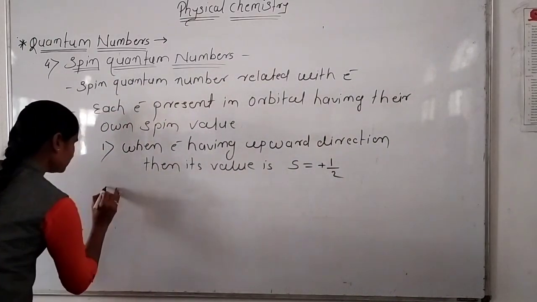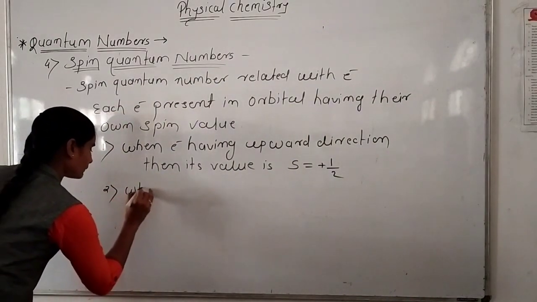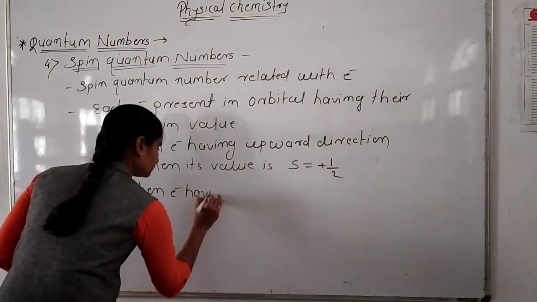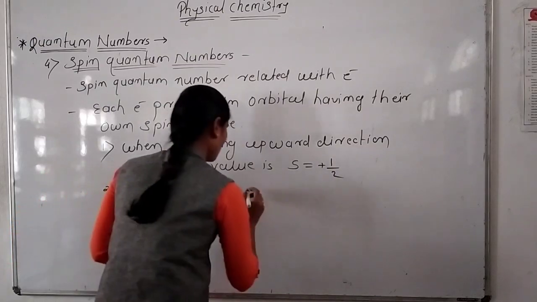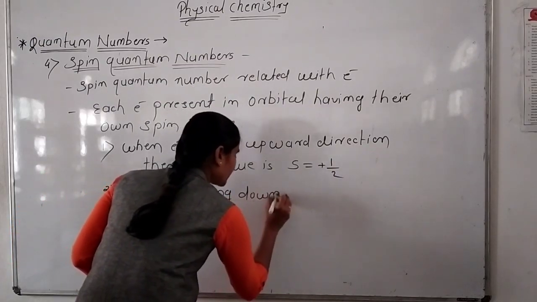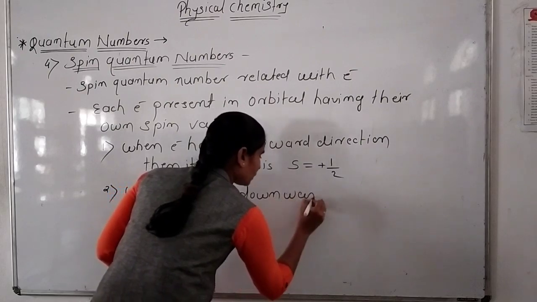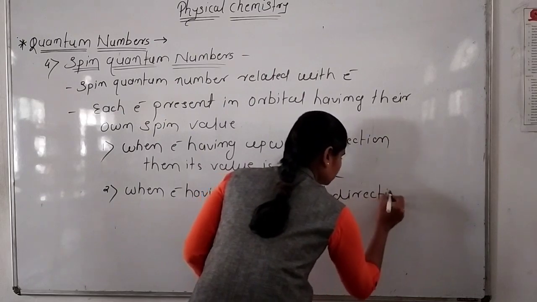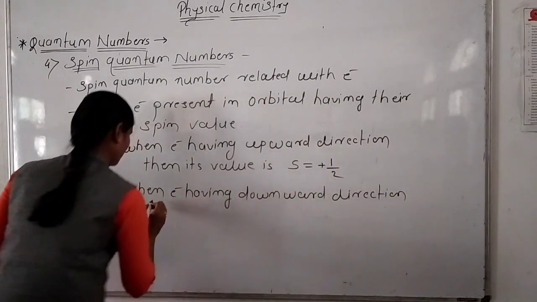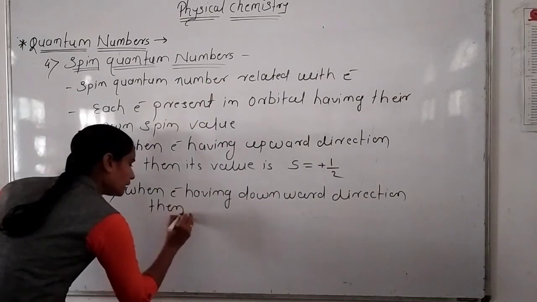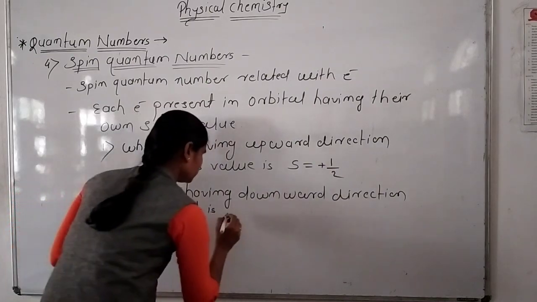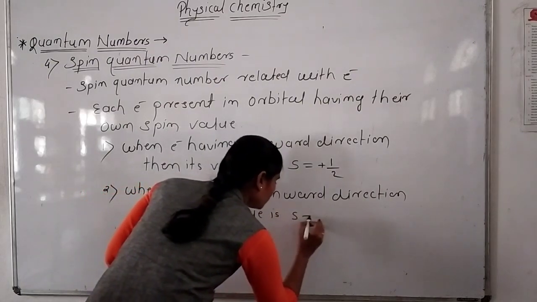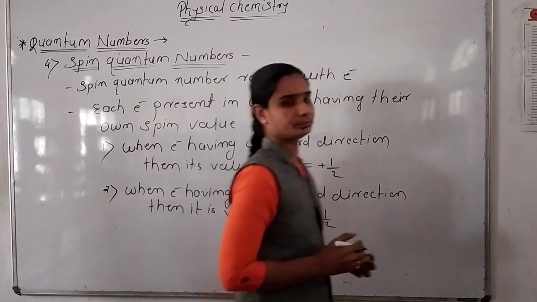Second, when the electron has a downward direction, then its value is s equal to minus half.